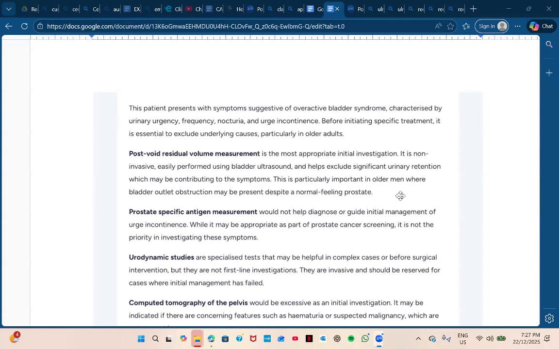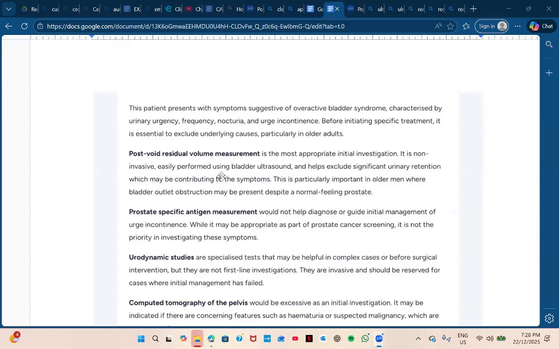Why? It is non-invasive, easily performed using bladder ultrasound, and helps to exclude significant urinary retention which may be contributing to the symptoms. This is particularly important in older men where bladder outlet obstruction may be present despite a normal feeling prostate.